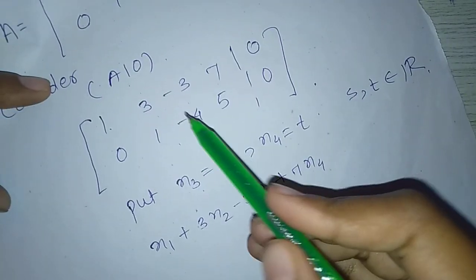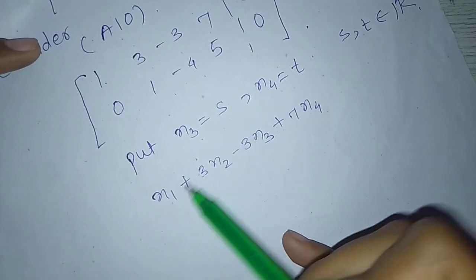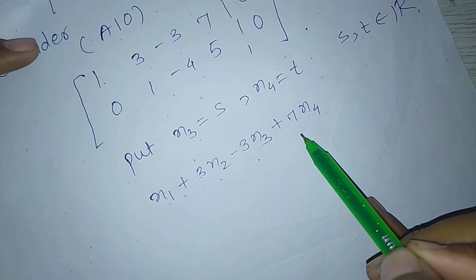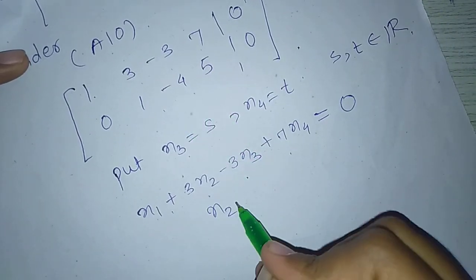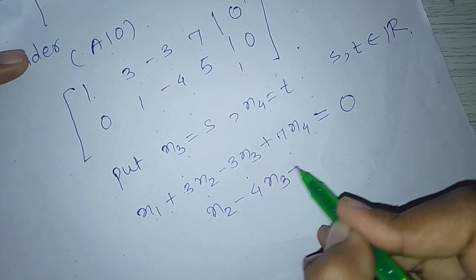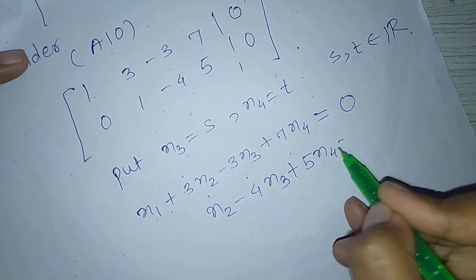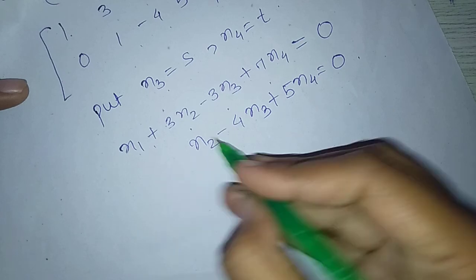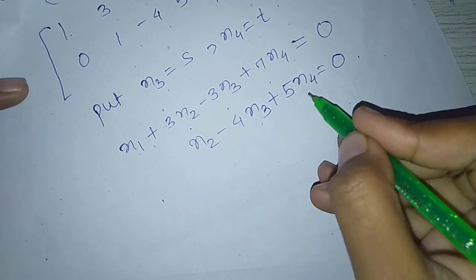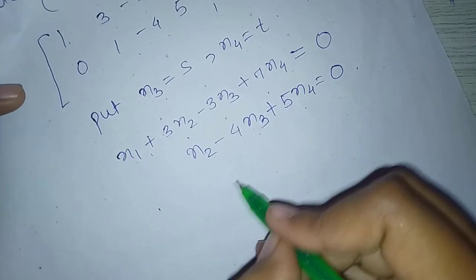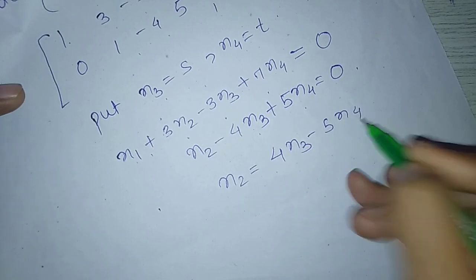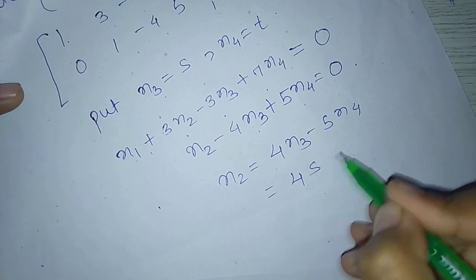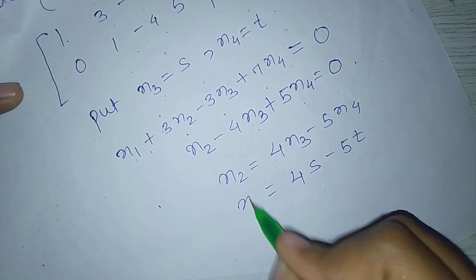So the equations are x1 plus 3x2 minus 3x3 plus 7x4 equal to 0. Next equation, x2 minus 4x3 plus 5x4 equal to 0. Here x3, x4 are s, t, so x2 equal to 4x3 minus 5x4 equal to 4s minus 5t.